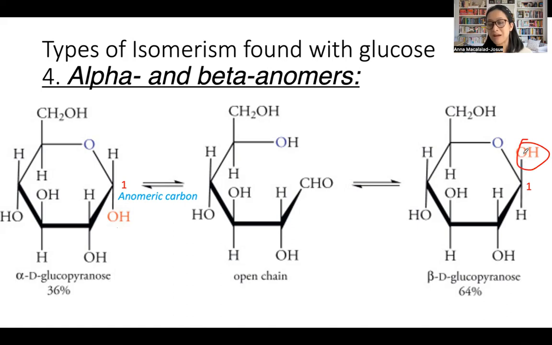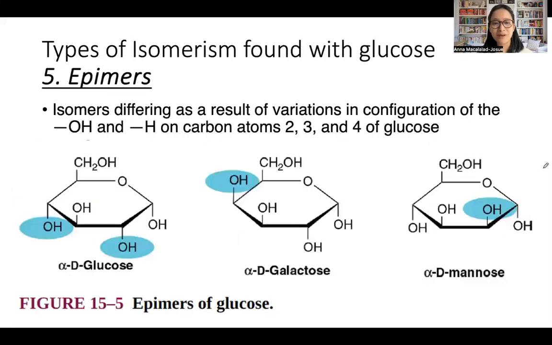The hydroxyl group can change position on the carbon 1 atom. This is called the anomeric carbon. So, glucopyranose because of the ring structure, alpha because the hydroxyl group is here, and beta because the hydroxyl group is here. I hope you guys follow.